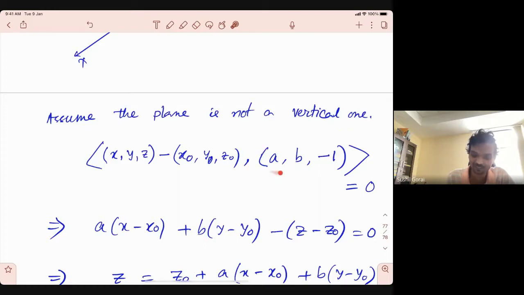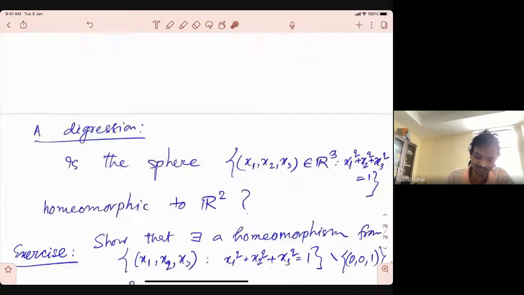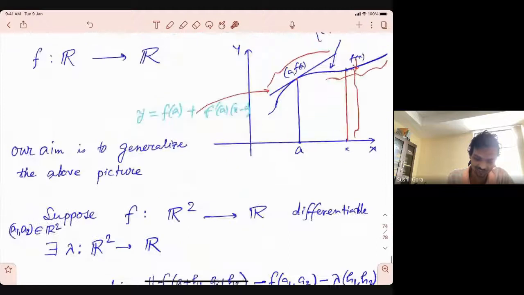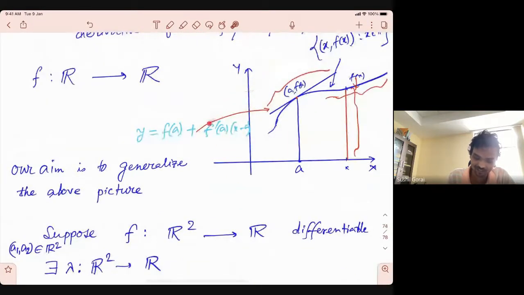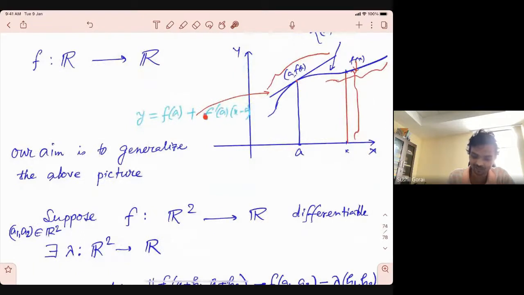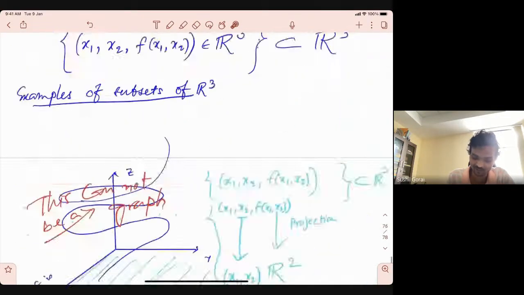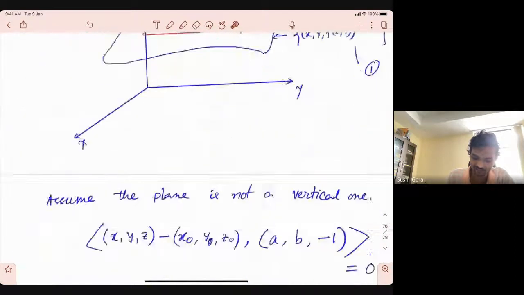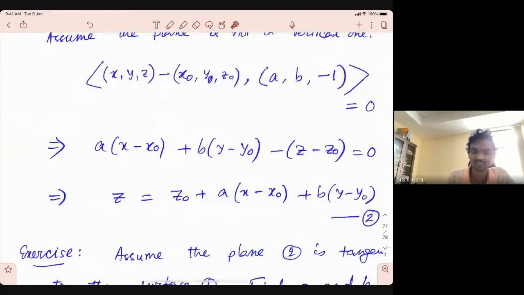This part was in one case f prime a, that constant, which you multiplied on this side of the inner product, and now you have this one, and you can make it any constant you want by multiplying with a constant. Okay. Yes, sir.